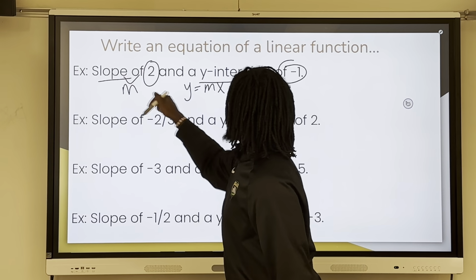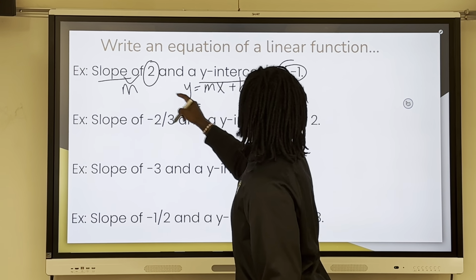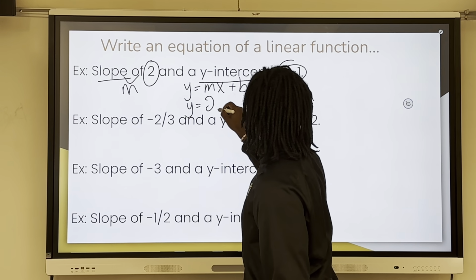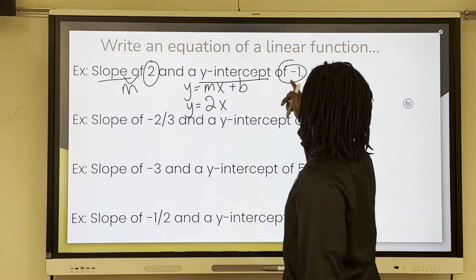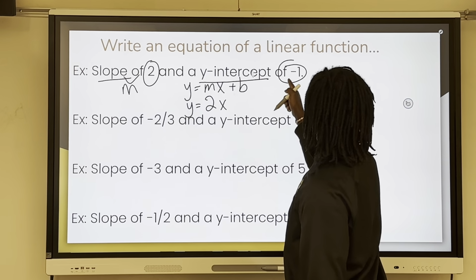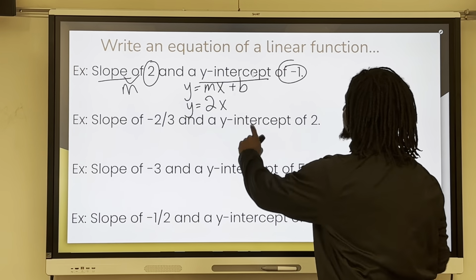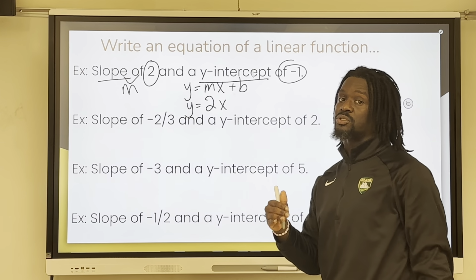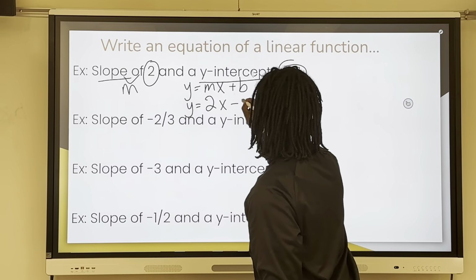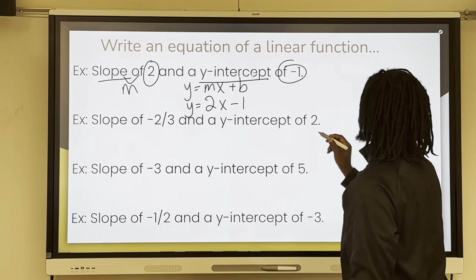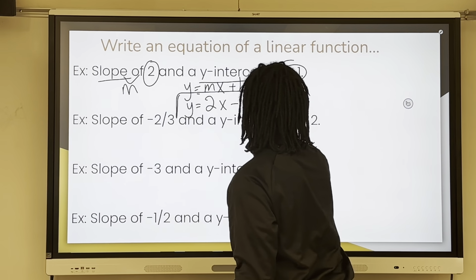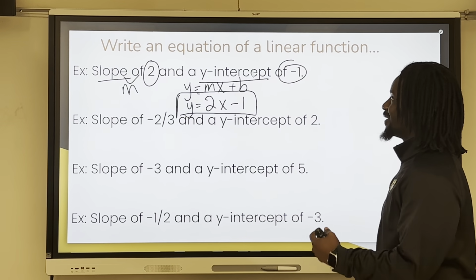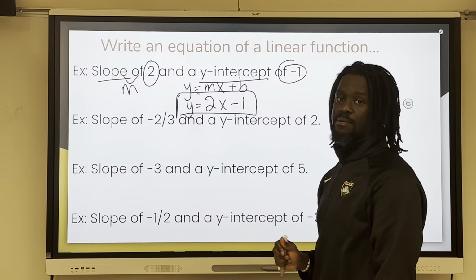The slope is the m, which is 2, x, and then I'm taking the y-intercept, which is the b. It says plus b, but because the y-intercept is negative, it's just going to be -1. So this right here is my equation in slope-intercept form for that function given this information.